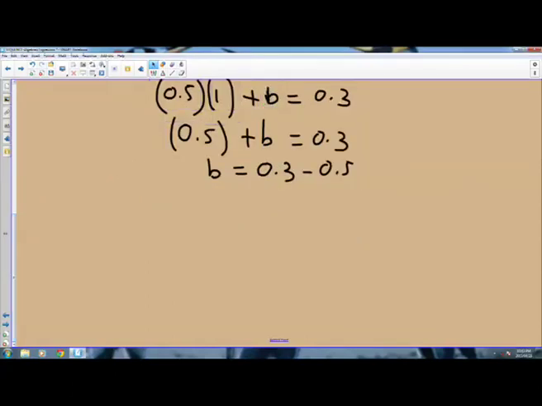What is 0.3 minus 0.5? It's 0.2 and it's negative. So B is negative 0.2.